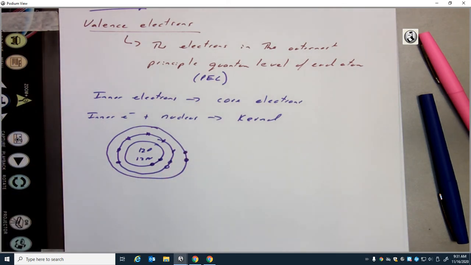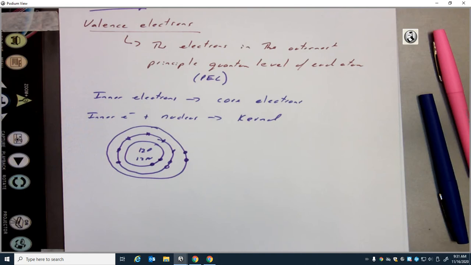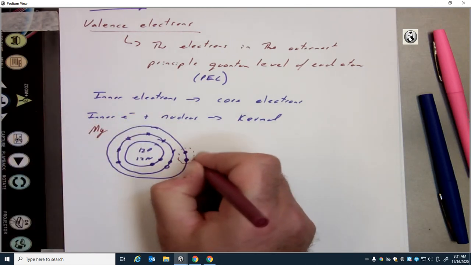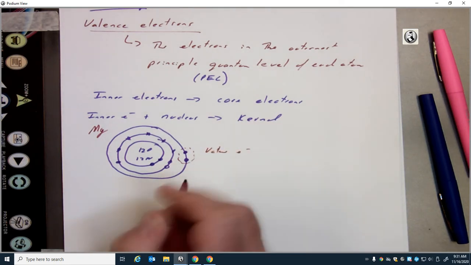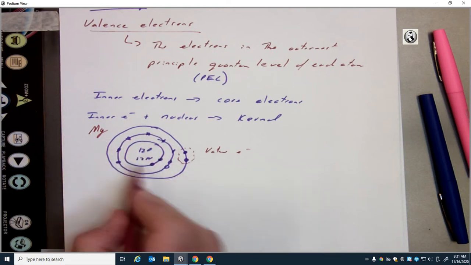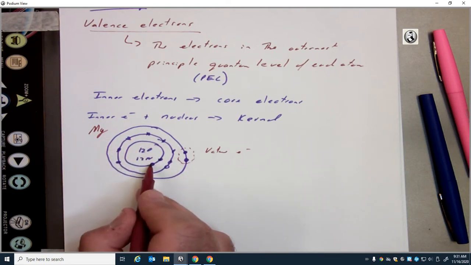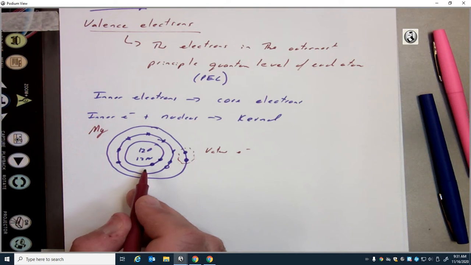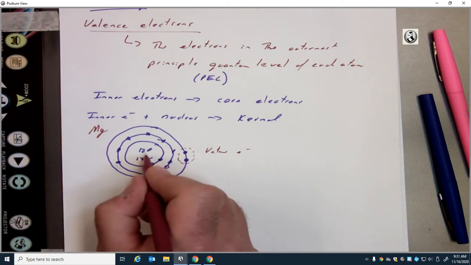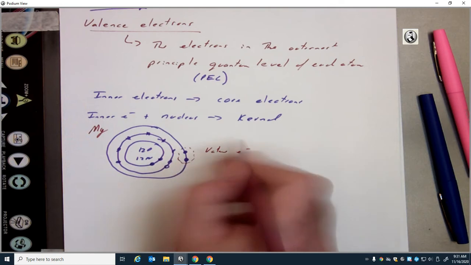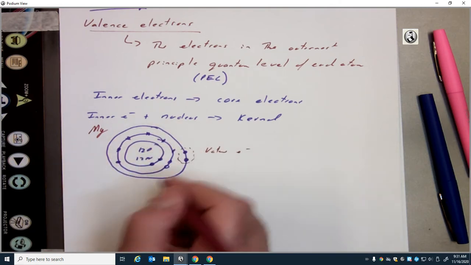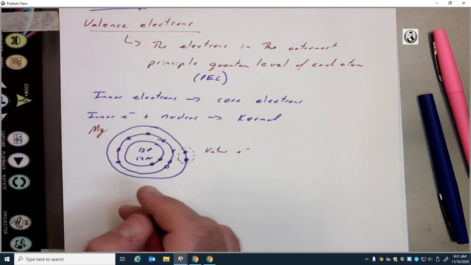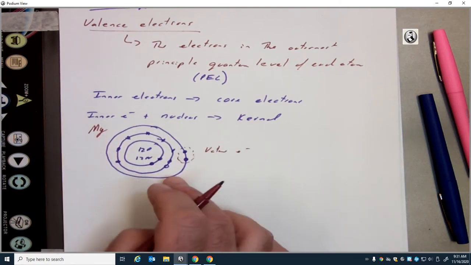Right, so in magnesium, these right here would be our valence electrons. These electrons in PEL 1 and 2 are called the core electrons. And if you consider the nucleus and these core electrons together, that's all called the kernel of the atom. Now, all of our bonding is dealing with valence electrons. Okay, so we're dealing with these valence electrons.